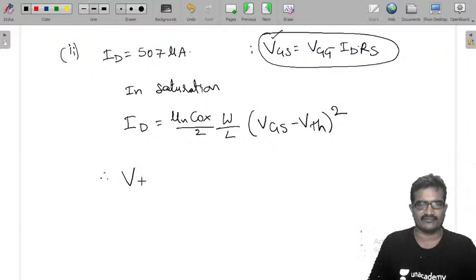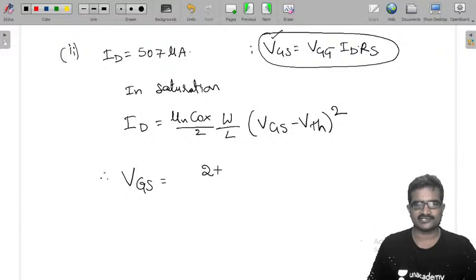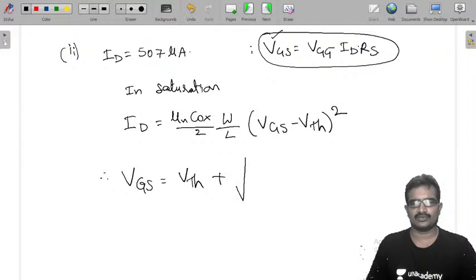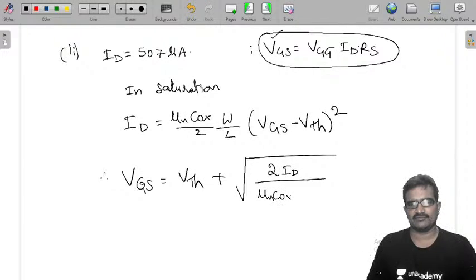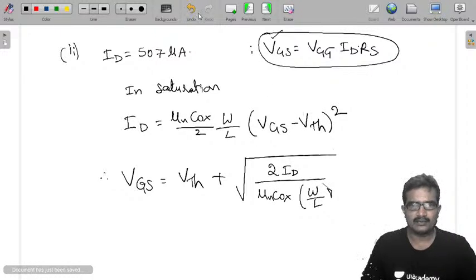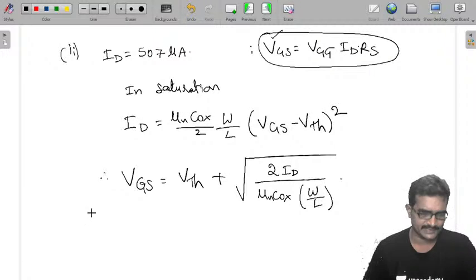Therefore we can write VGS is VTH plus square root of (2 times ID by mu n COX into W by L). That is the equation for VGS.